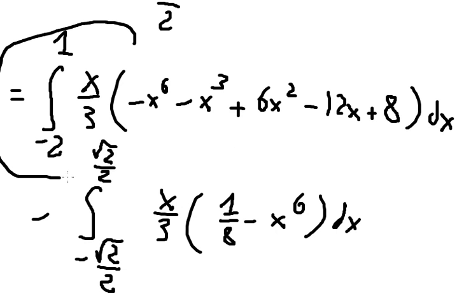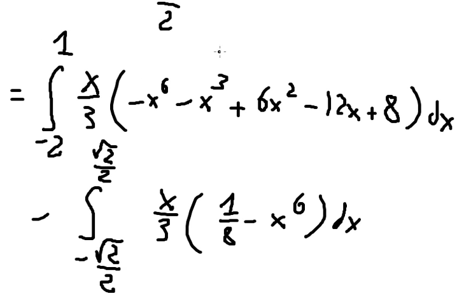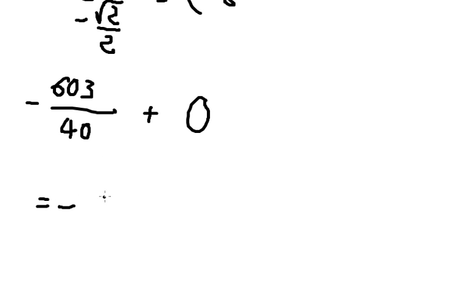So I will go fast for this calculation. This one we have negative 603 over 40. This one you get 0, and this is the final answer.